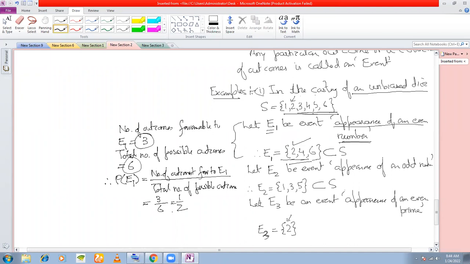So the probability of appearance of an even number is half.